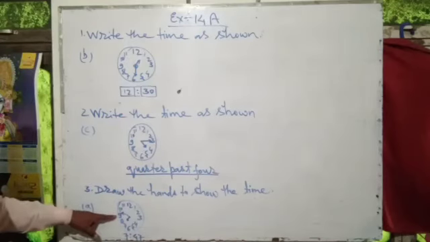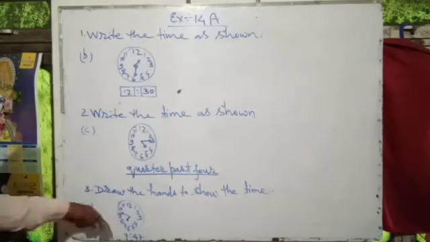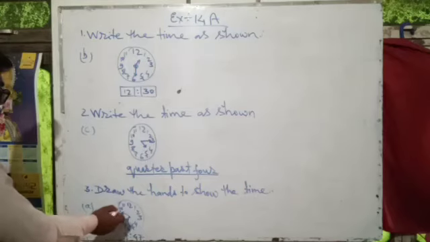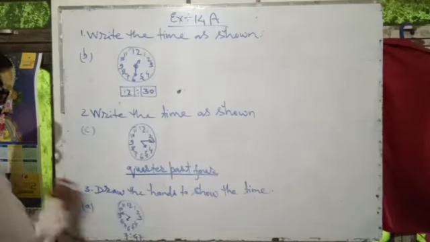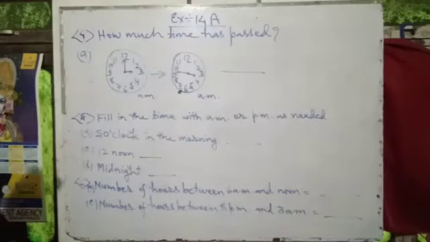That means 9 5s are 45, and just after 2 dots, 46 and 47. Just after 2 dots, you indicate the minute hand. Now children, take question number 4.